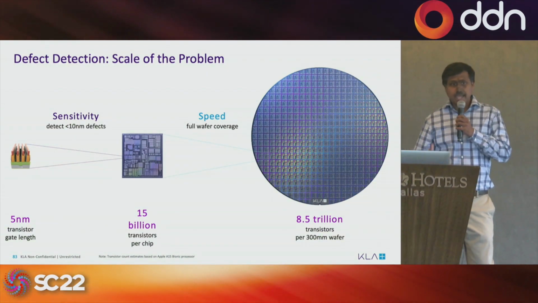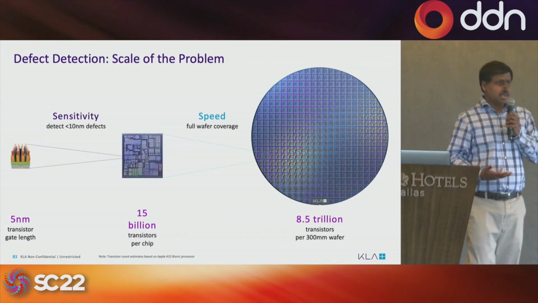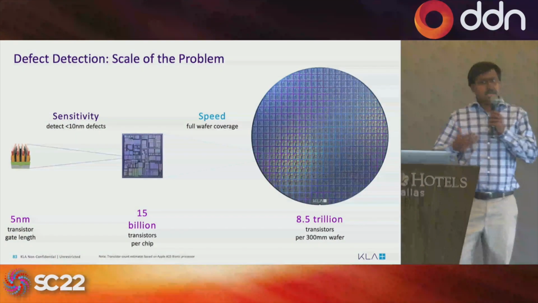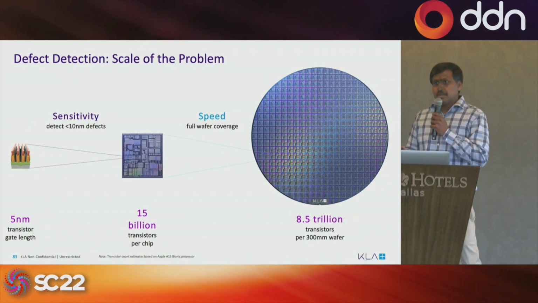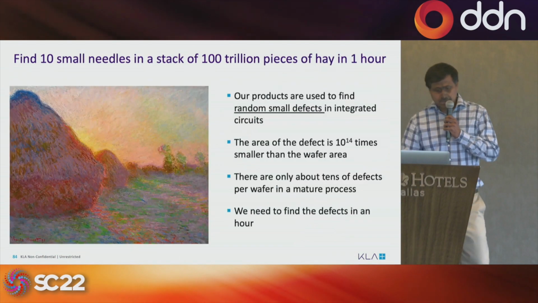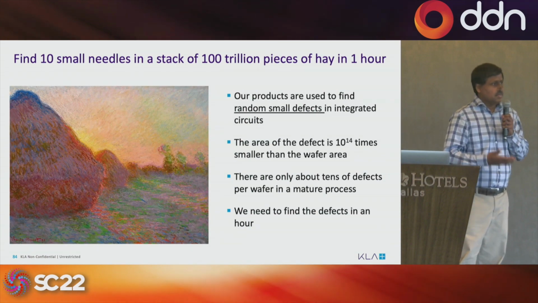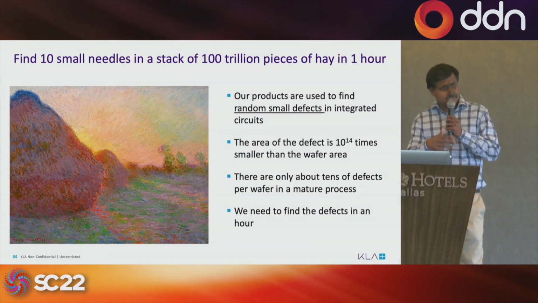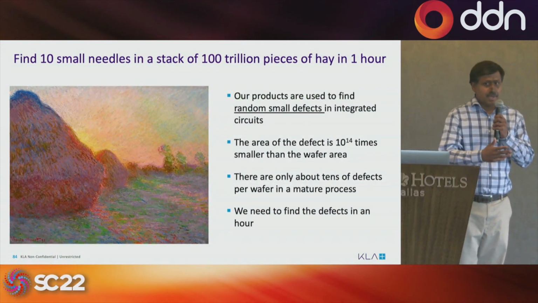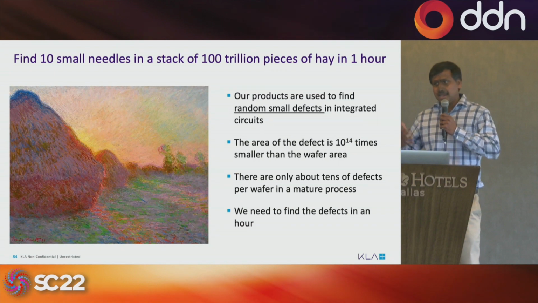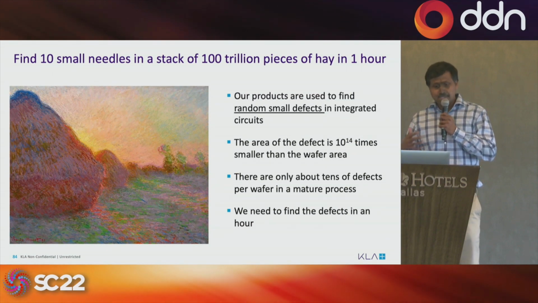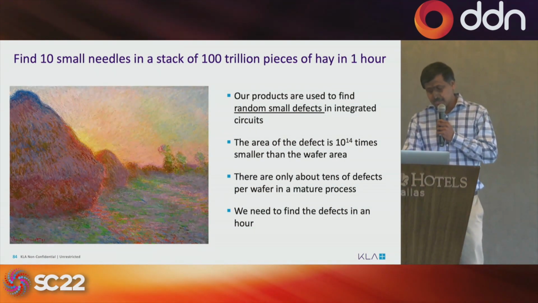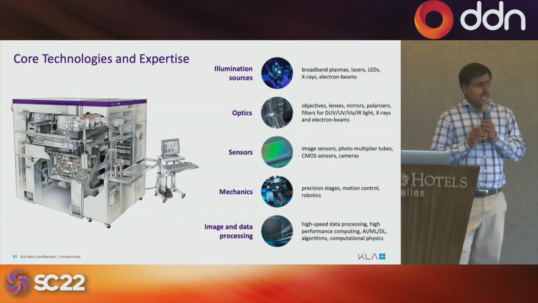So it adds up to 8.5 trillion transistors that we are validating and measuring, trying to find multiple tens or maybe hundreds of defects in them. That adds up to finding one problem needle out of a trillion needles in a haystack. That is the scale of the problem that we are trying to handle. And how do we do this?